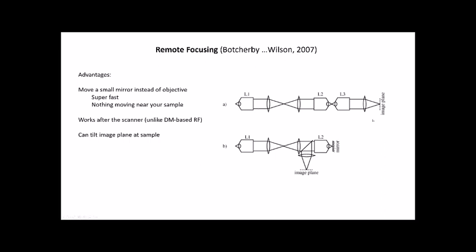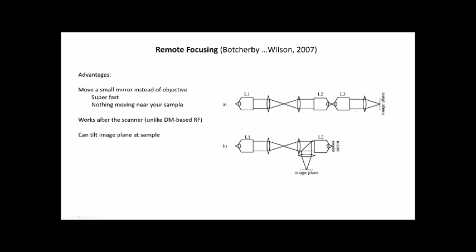It basically relies on this idea, right? If you're trying to relay a point to an image plane, you can create an intermediate focus and then pick up that focus with another objective, another infinity corrected imaging system that is just slightly displaced.